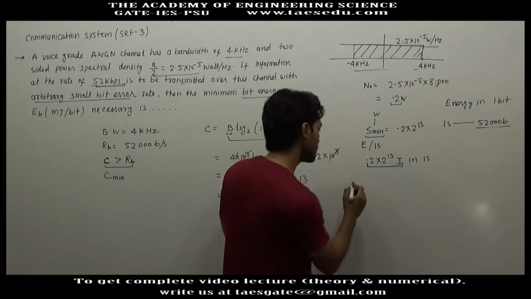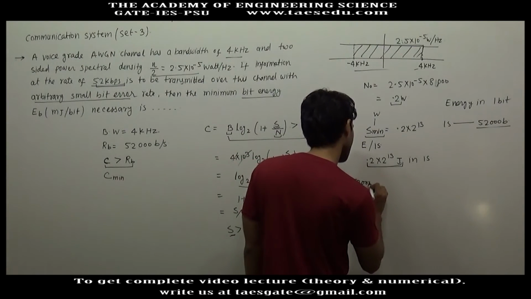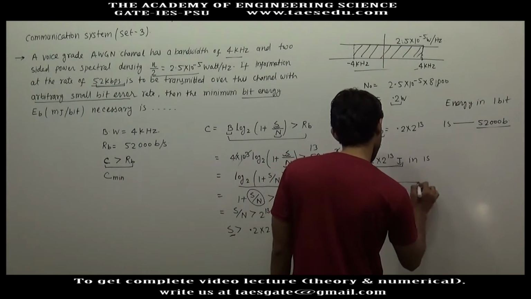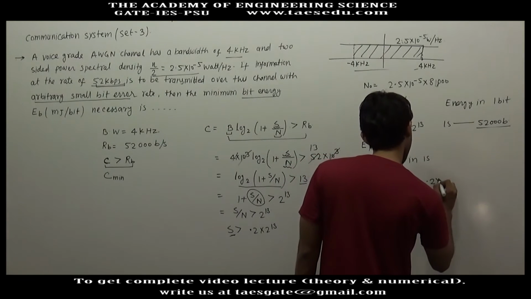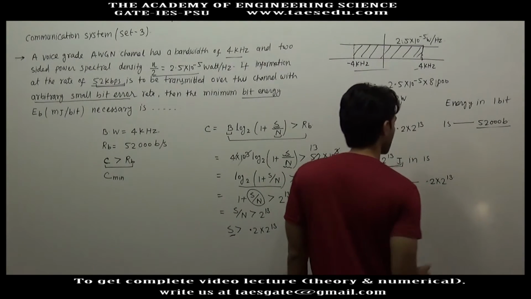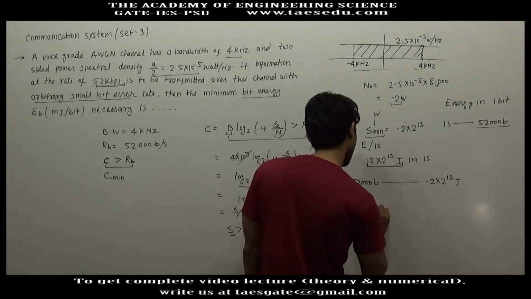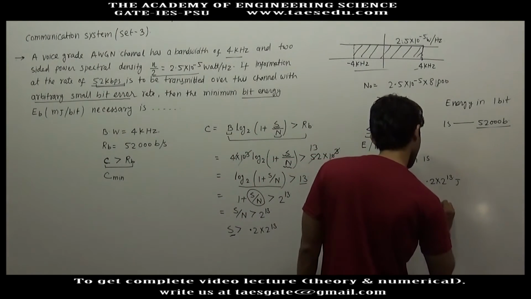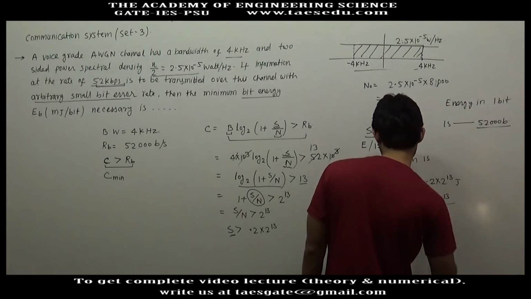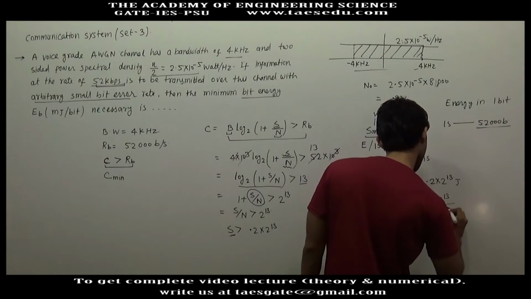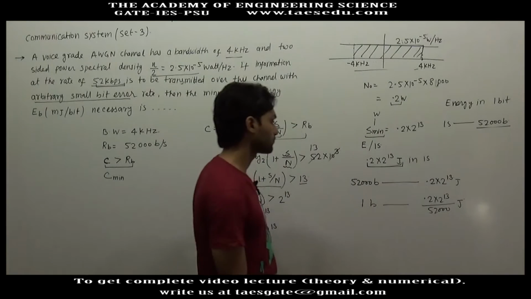So we can say that 52,000 bits must have 0.2 into 2 to power 13 joule energy. So 1 bit will have 0.2 into 2 to power 13 divided by 52,000 joule energy.